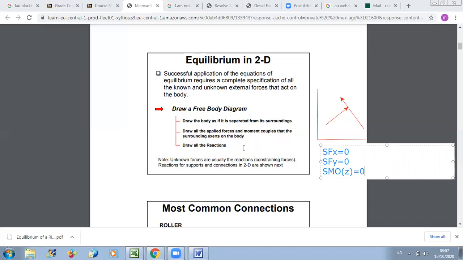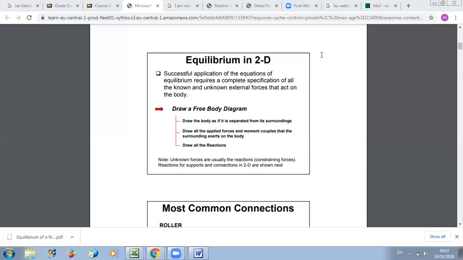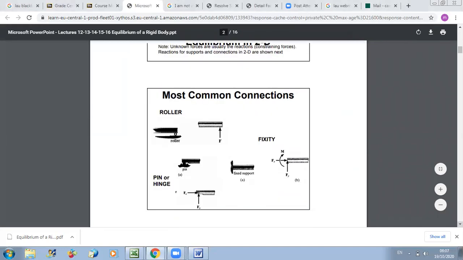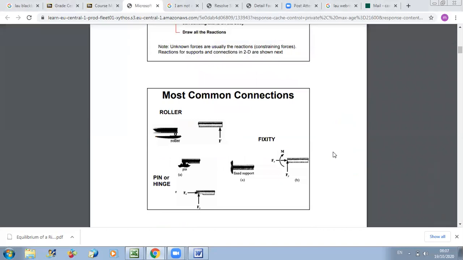Now, in order to find our unknowns, we need to know what types of reactions a rigid body can be subjected to. So first, before starting problems on equilibrium, we should know the most important common connections that we face in 2D. We have the possibility of a roller, of a pin, of a fixed support.